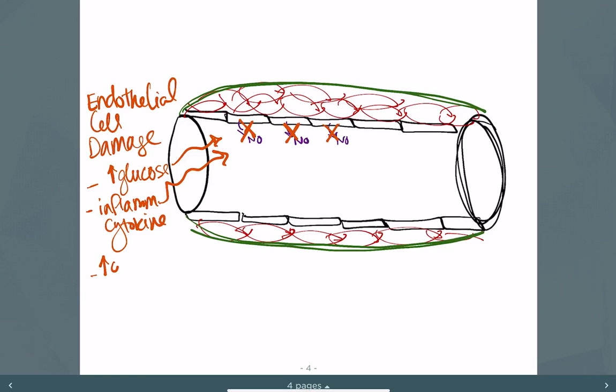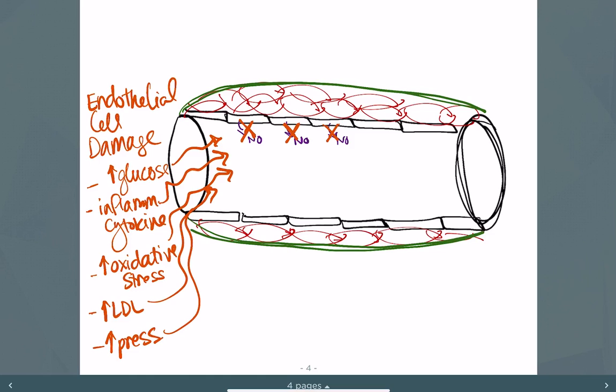If you have anything that increases oxidative stress, and a really big one that does this is smoking, can damage endothelial cells. If you have increased LDL or cholesterol, if you have increased pressure, these are all factors that can cause that initiating event of endothelial cell damage.